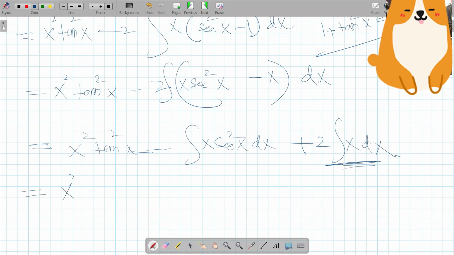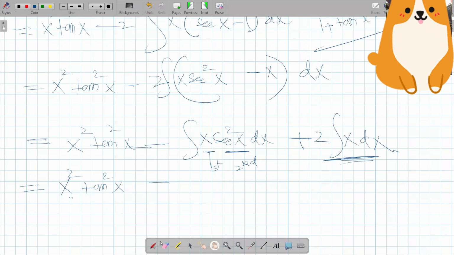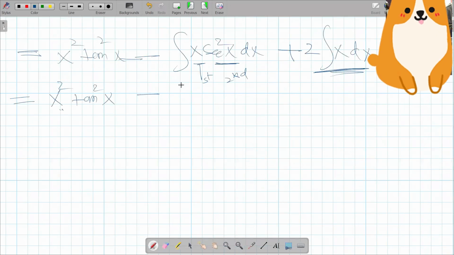Yeah. So this is easy. Antiderivative of x is simply x squared over 2. And what about this? This will be the first function and this will be taken as the second function. Okay, so let's apply integration by parts here. First function is x. What is integration of sec squared? tan x. What is derivative of x? 1.